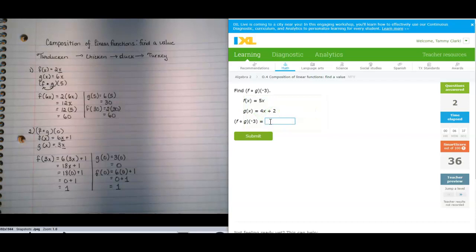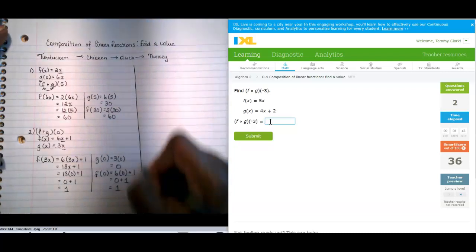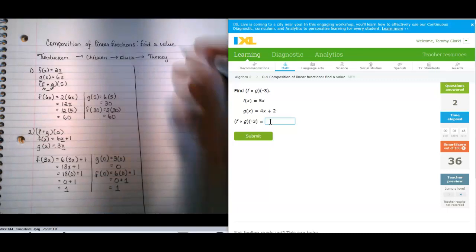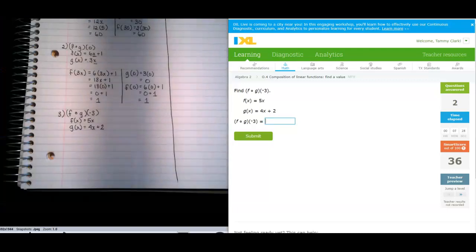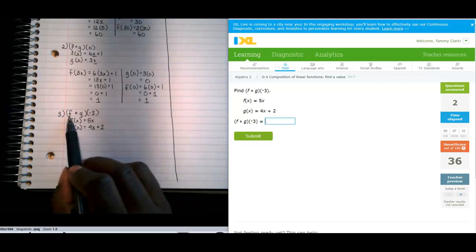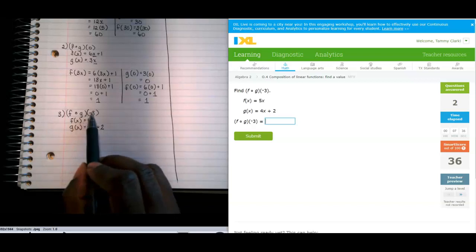All right, let's take a look at the next one. I'll draw a line here and split my page. All right, here's our next one. We've got find the composition of f of g when the value that we're putting in for x is -3.